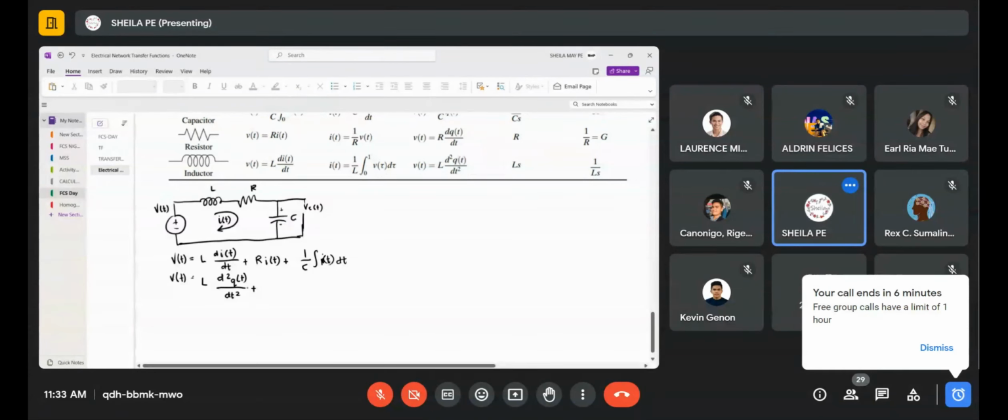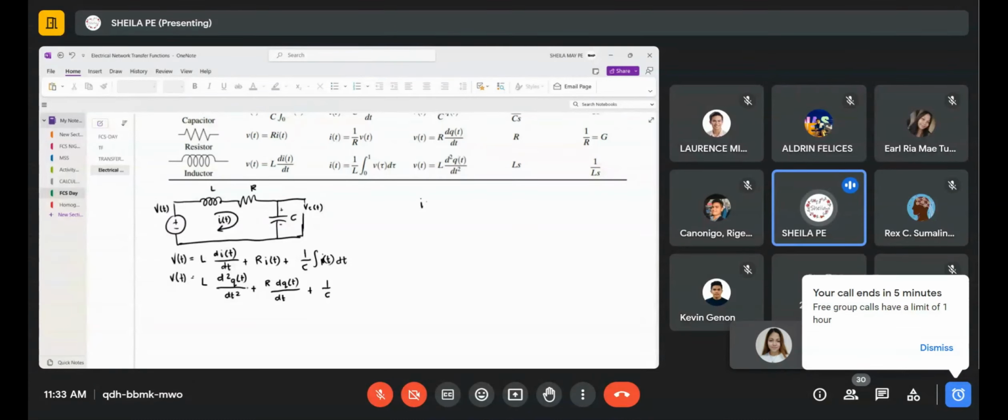Our R is R dq of T over dt. And our C is just 1 over C. Our i(t) dt class: the i(t) is equivalent to dq(t) over dt, from current to charge.